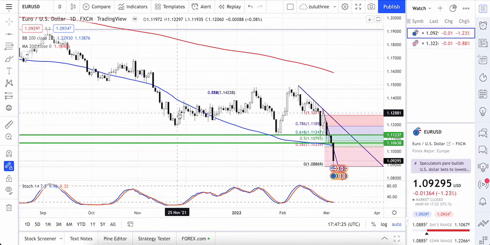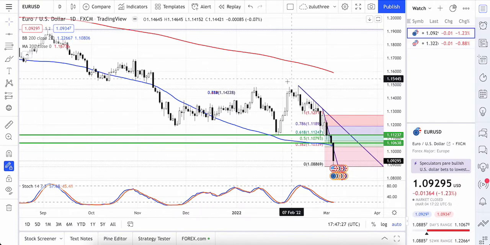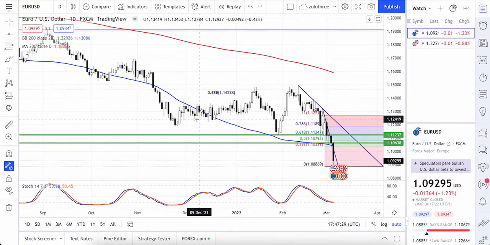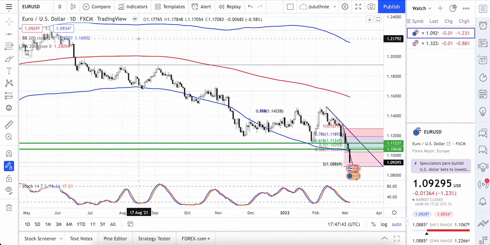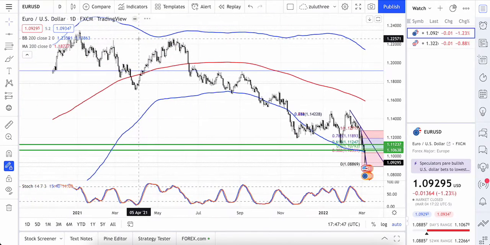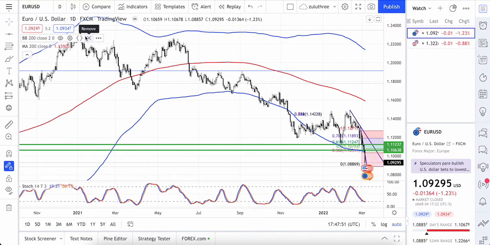If you remember, we had that megaphone formation with a line coming up the top here and a line going down the bottom. And what I said was if we break out either side, it's not a reversal pattern. We've had a movement down, a long-term downtrend, all the way going back into the middle of last year, even before that, the beginning of 2021.